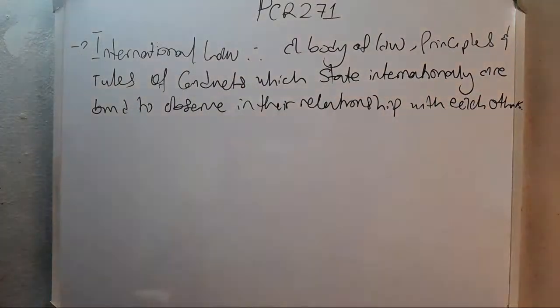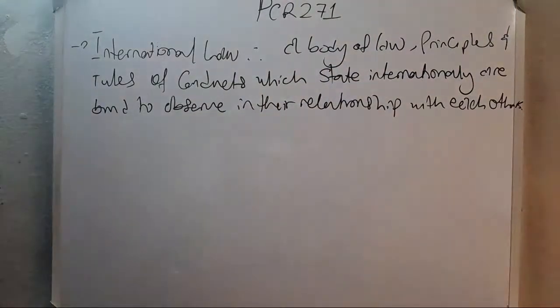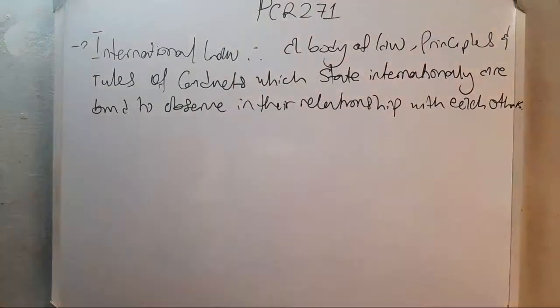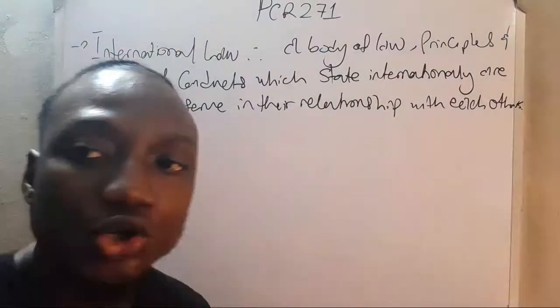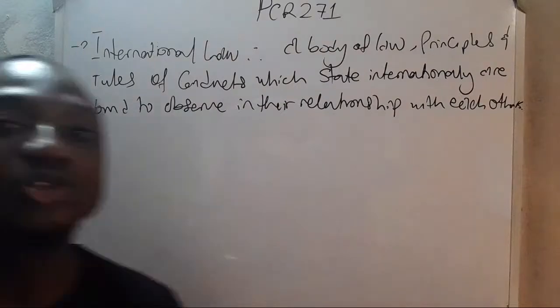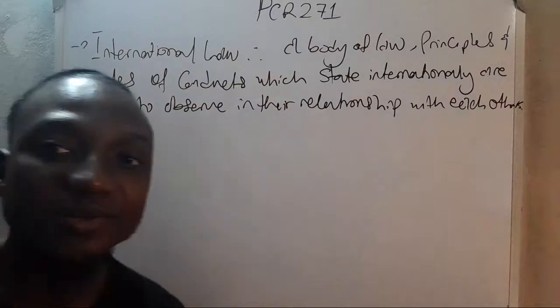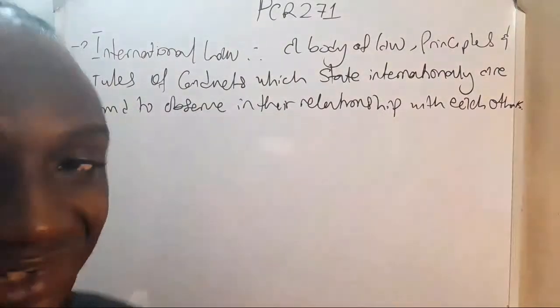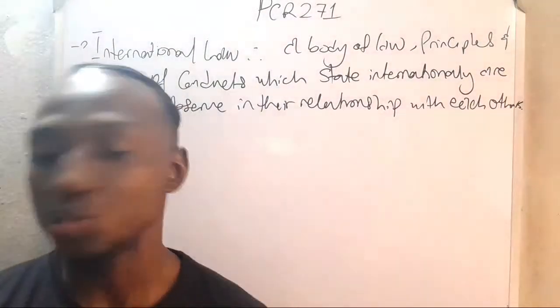Now let's look at the key points here. This is a body of rules and principles, rules of conduct, just like what we have in countries, but particularly international law is out there to guide how different countries relate with each other. These are rules and principles of conduct that these countries are expected to observe when interacting with each other.